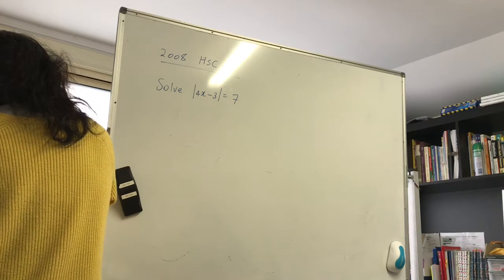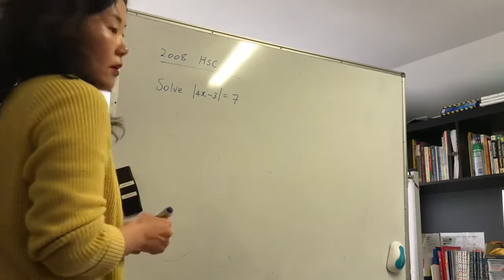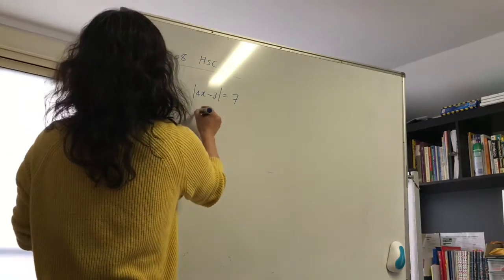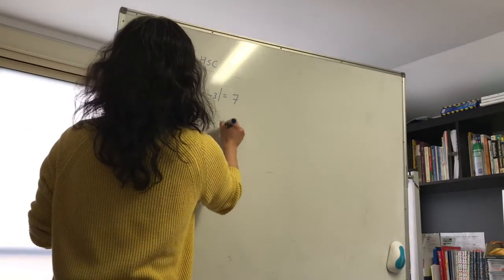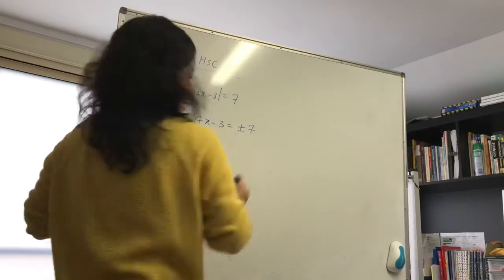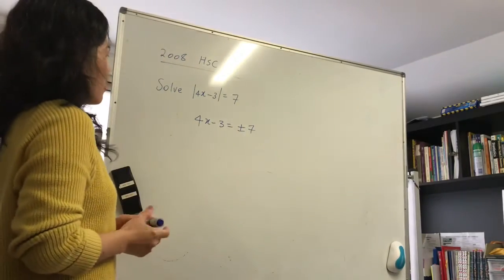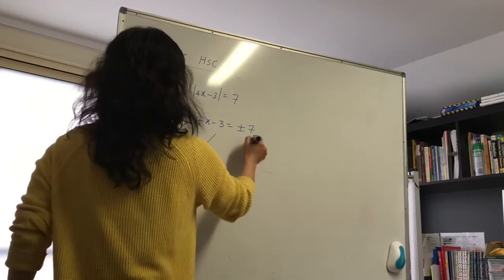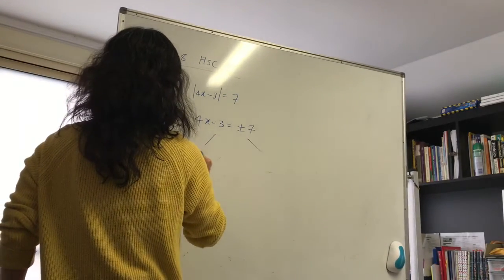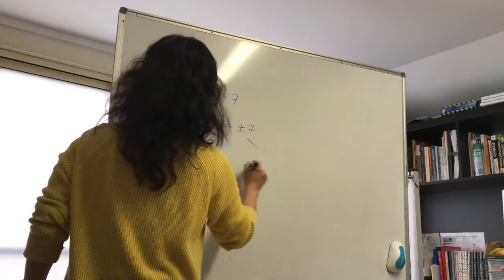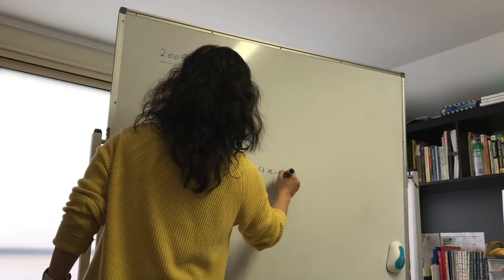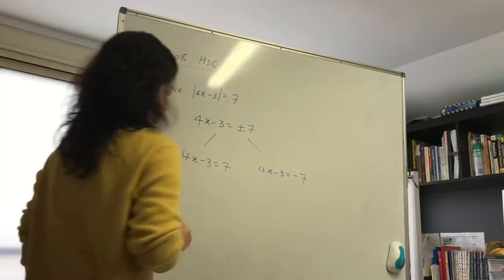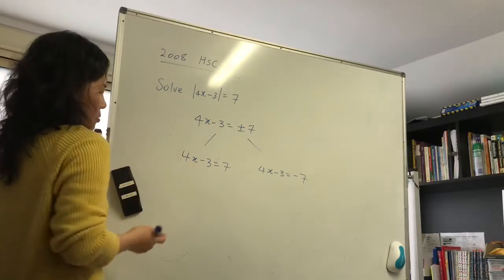Okay, so let's go. So you probably had a go at that, that will be your first solution, and 2 cases. 4x minus 3 equals 7. 4x minus 3 equals -7. And then this is 2-step equations, isn't it?